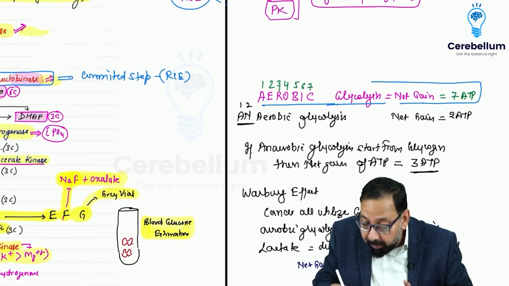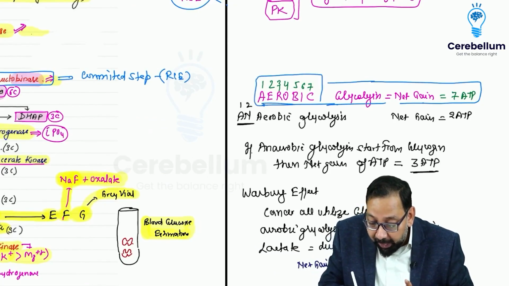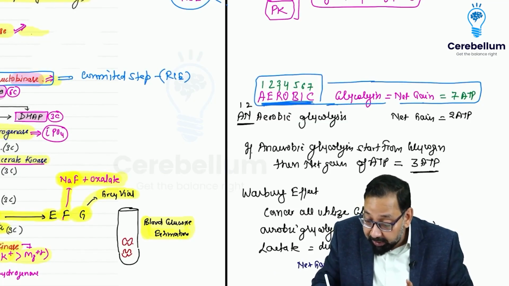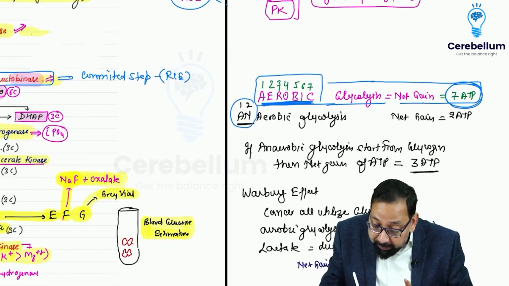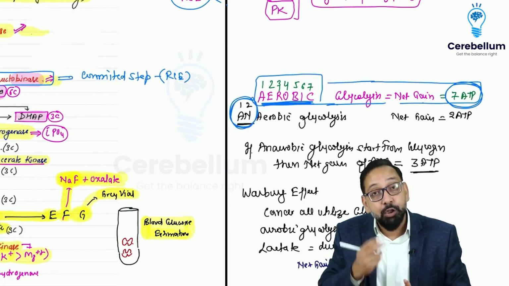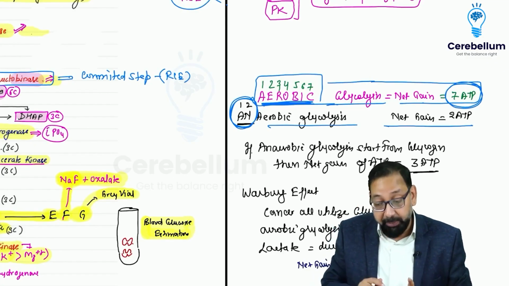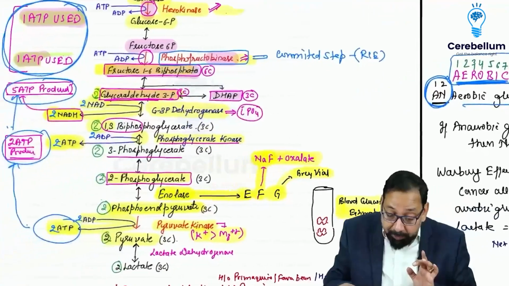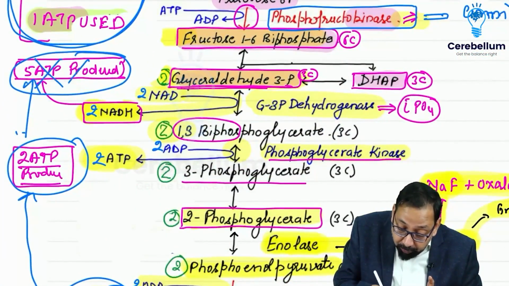If you don't remember the calculation, simple mnemonic: how many letters are there in the word aerobic? 7 letters. So 7 ATP net gain. In anaerobic glycolysis, AN, how many letters? 2 letters are there. Net gain is only and only 2 ATP. Why? In anaerobic glycolysis, NADH will not produce these 5 ATP.